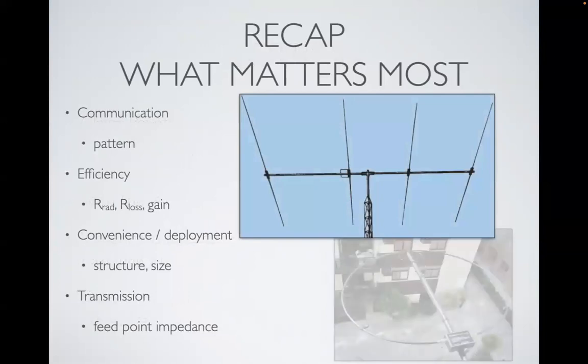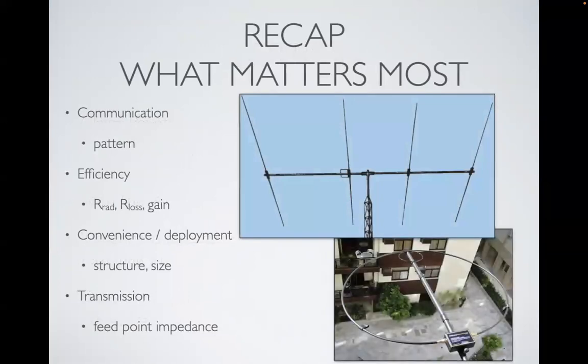So going back and thinking about what we've talked about, what matters most: we want to communicate, right? And the pattern is really important for that. We want an efficient system because we don't want to heat up too many things, because that's a waste of power. And so we have to worry about the loss resistance and the radiation resistance and the gain of the antenna to get the energy pointing in the right direction, or no direction, if that's what we want.